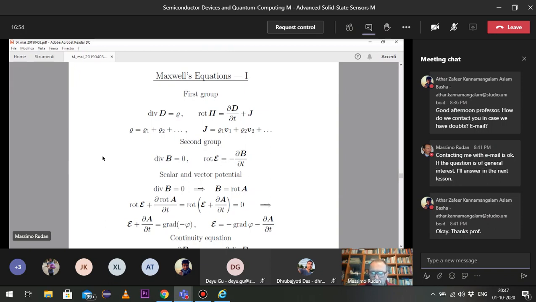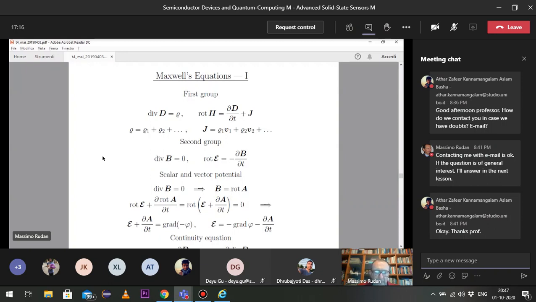And this is true. And to show this, we introduce the potentials. The magnetic potential or vector potential A and the electric potential or scalar potential phi.